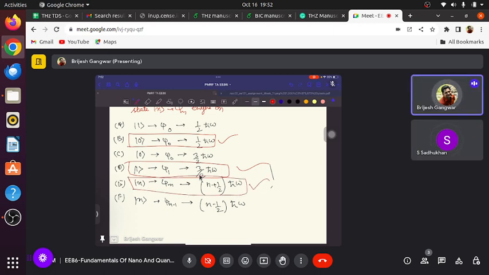These three are correct answers, right? Because for 0 state, psi 0, the ground state energy is half h cross omega for the quantum harmonic oscillator. And in the first excited state, the function will be psi 1 and energy will be 3 by 2 h cross omega. Because for the nth state, the function is psi n and energy will be n plus half.